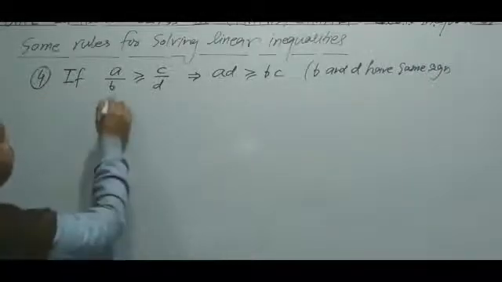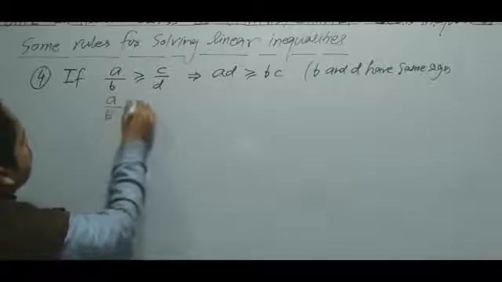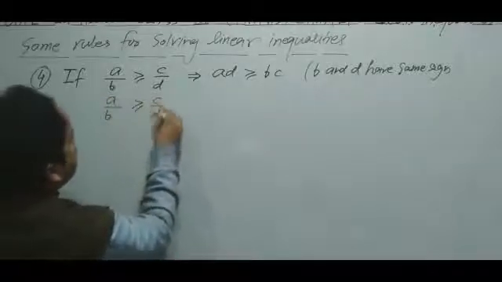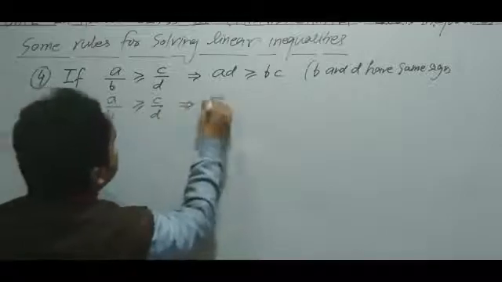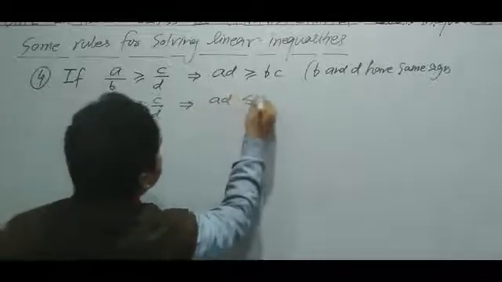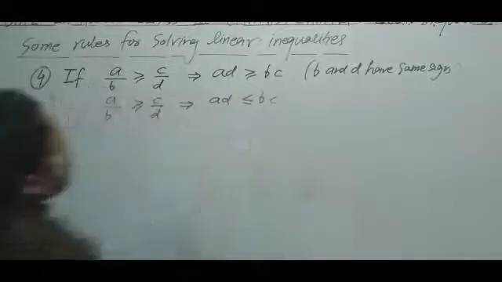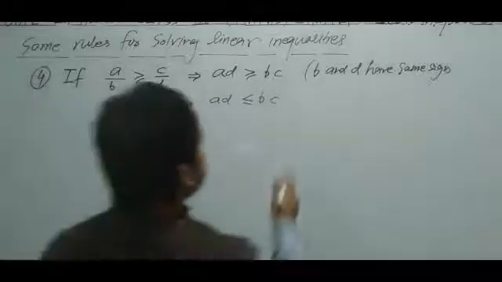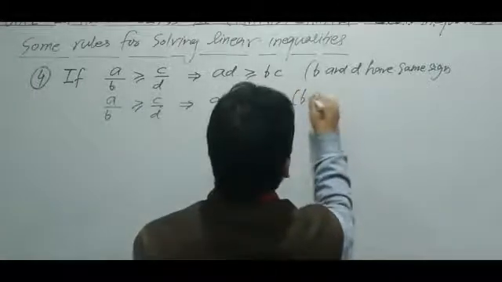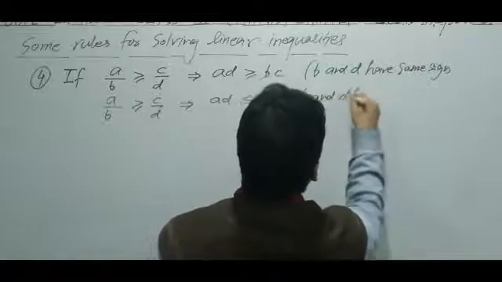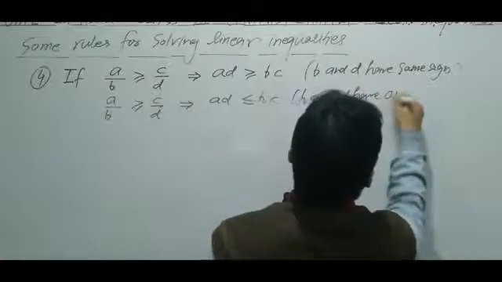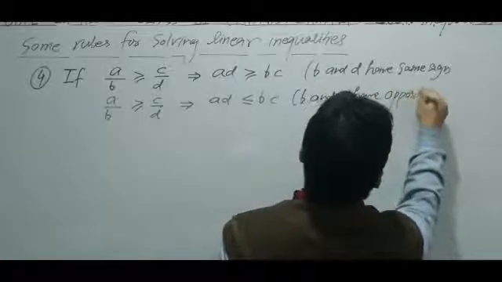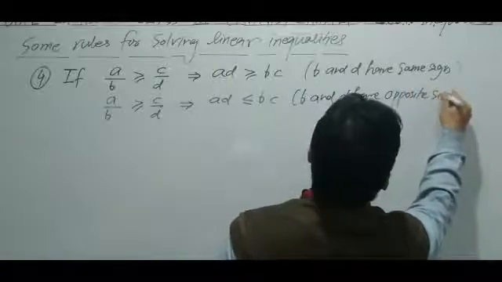And if A by B is greater than C by D, this implies AD is less than BC if B and D have opposite sign.